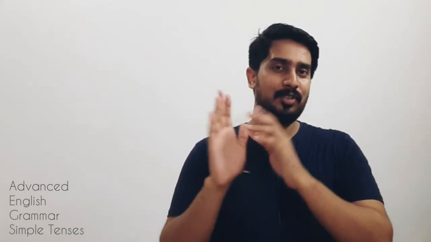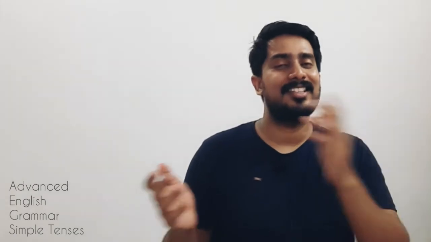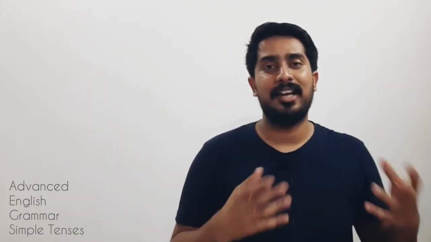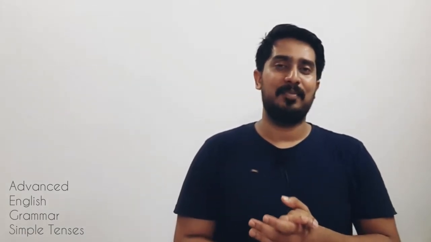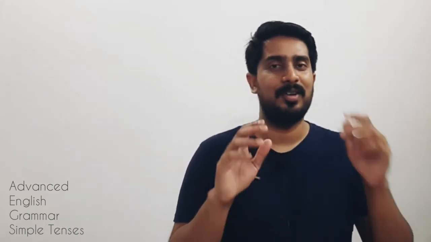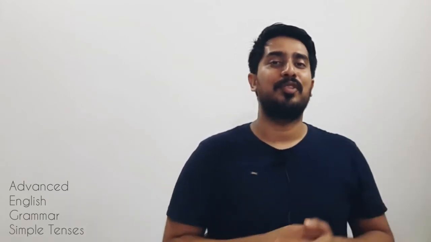So the subject plus will or shall plus the present form of the verb actually makes up a simple future statement. They will come tomorrow. Subject plus will or shall plus the present form of the verb.